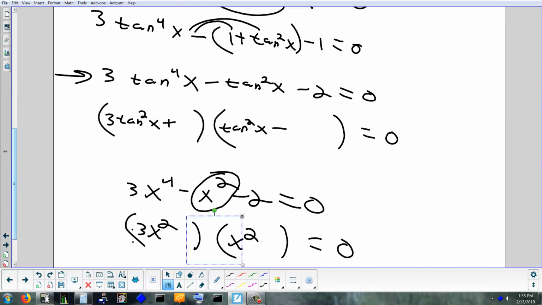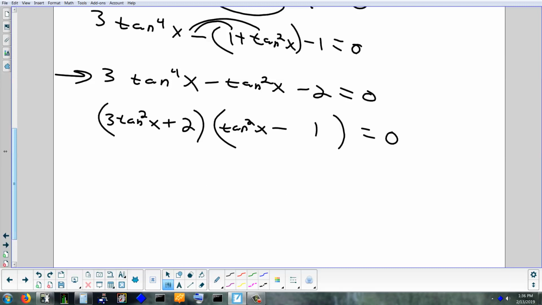Yeah, 1 and 2. So 1 times 2 gives me 2. It makes a difference which ones I put where. I would do something like this. Let's check it. 3 tangent squared times negative 1 is a negative 3 tangent squared plus a 2 tangent squared. Negative 3 plus 2 is negative 1. Perfect. That's what we want.